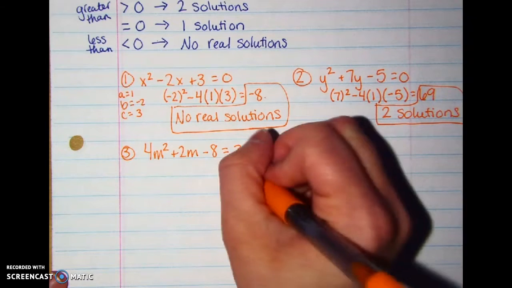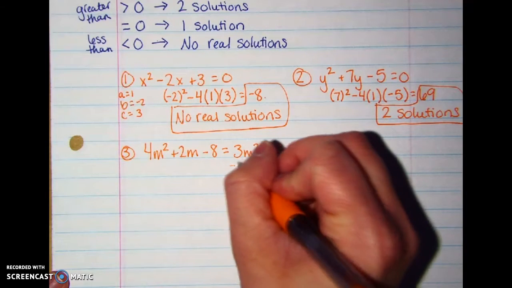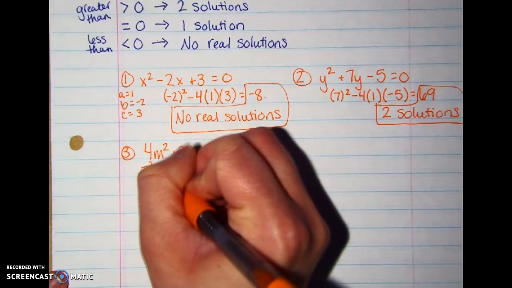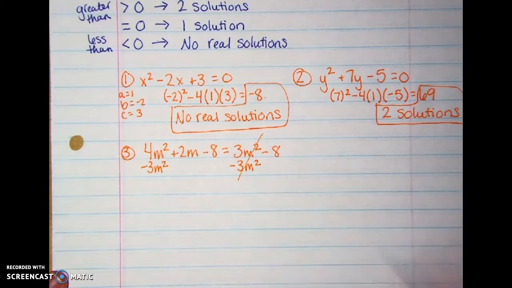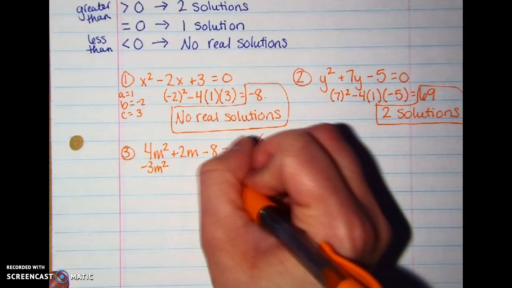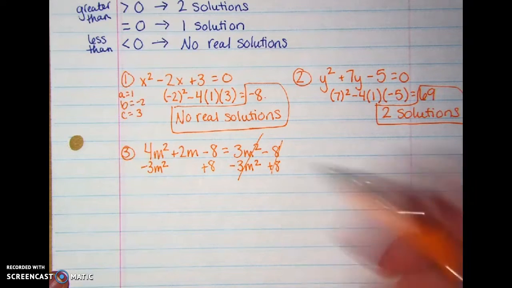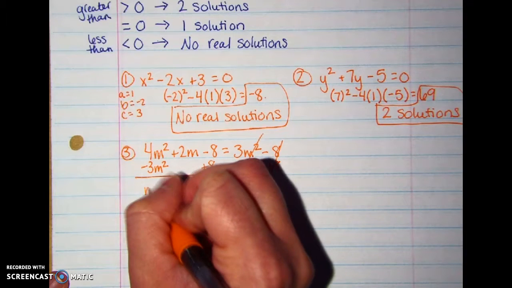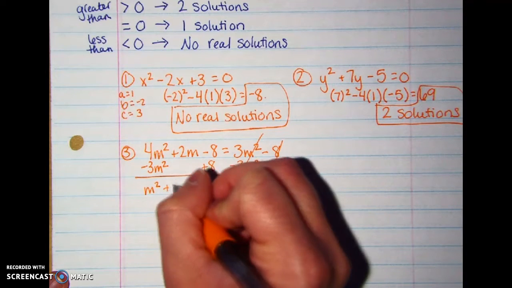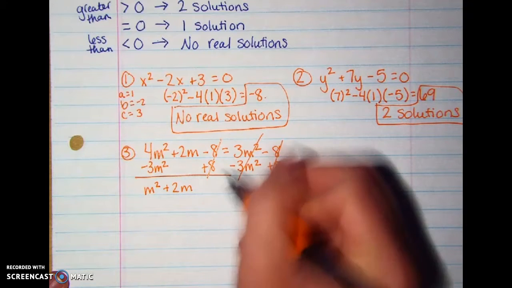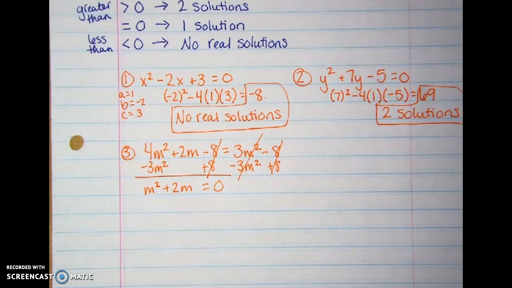So I'm going to subtract 3m squared. It has a like term, so I'm going to write it right under it, and that will get rid of that. In the same step, I'm also going to get rid of that negative 8 by adding 8. So 4m squared minus 3m squared is just m squared, plus 2m. Negative 8 plus 8 cancel each other out, so this equals 0.